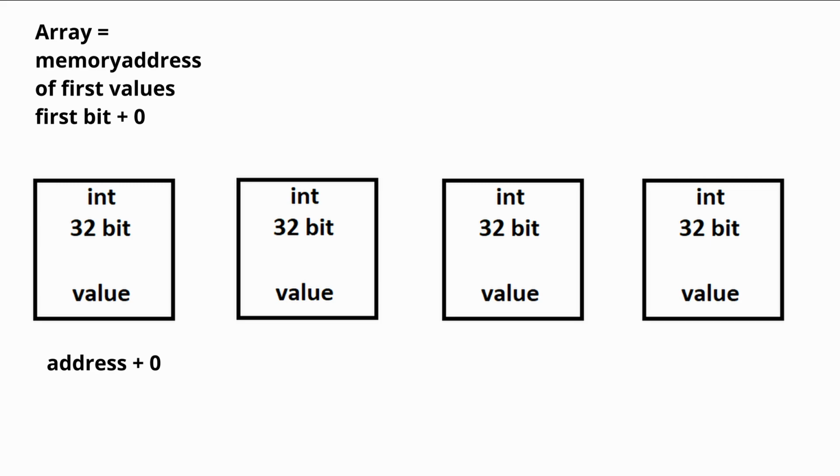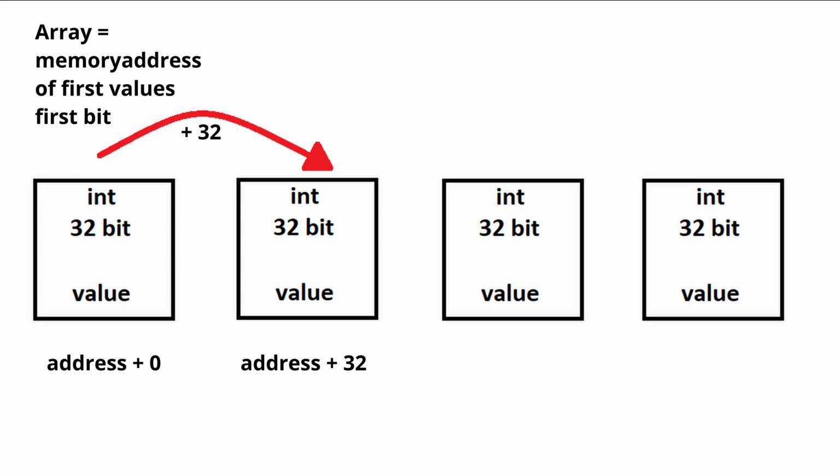Then if I want to access the second value inside our array, I can just say the address of our array plus 32, because one integer is 32 bits long. So after 32 bits, it should be the second integer. And like this, you can address every value inside your array. And that's pretty simple and super fast.